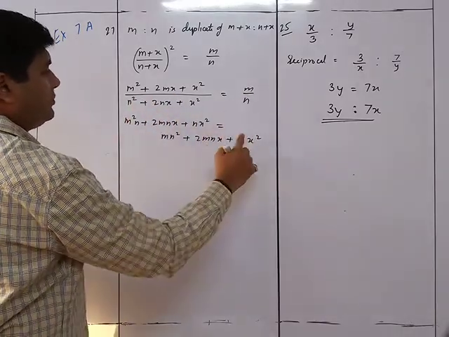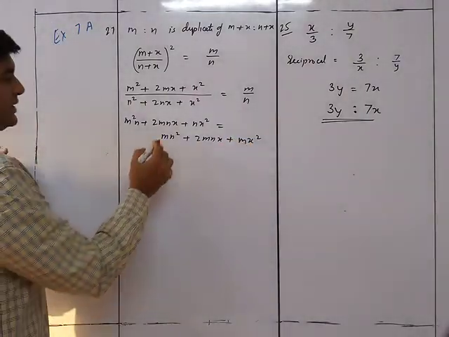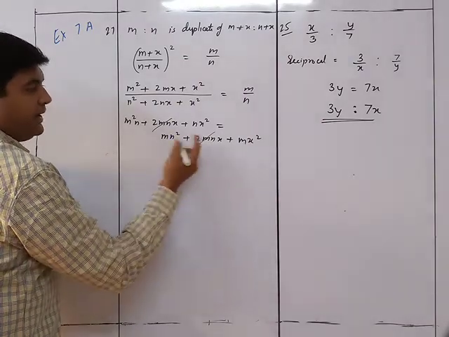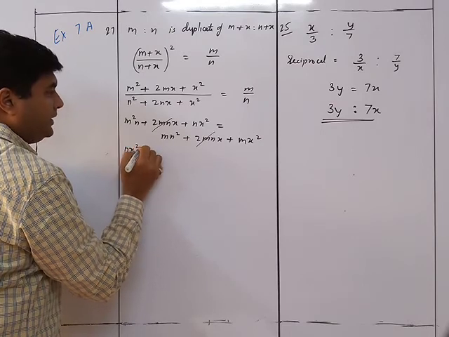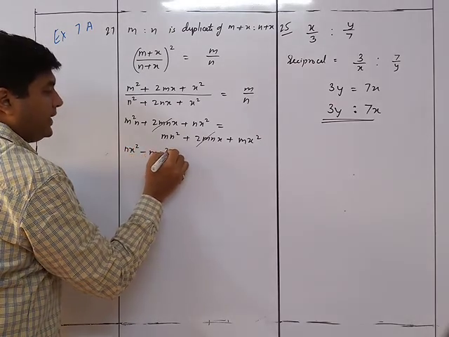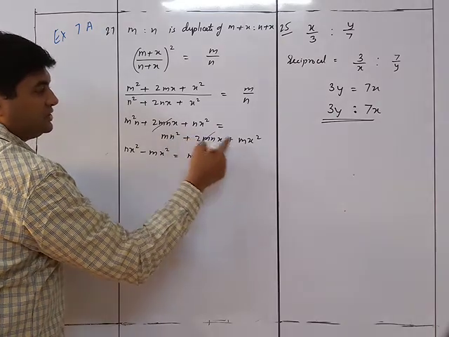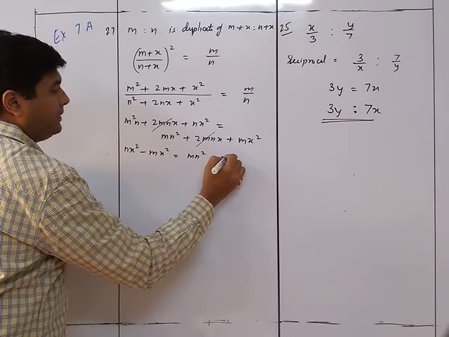Yeah, m. So this will be m. Right. So you see that this and this get cancelled. So we take x on one side and others on the other side. So nx square minus mx square is equal to mn square. This comes here, minus m square n.